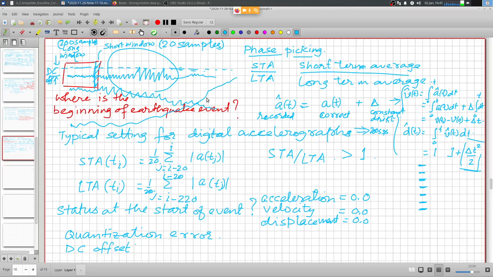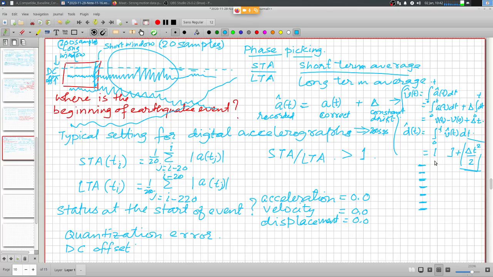Actual displacements might be very small, but if I derive these displacements from this digital accelerogram, and I'm not careful, then the velocity will have this linear trend. It will keep on increasing, and then the displacement will have this quadratic term riding on top of it.